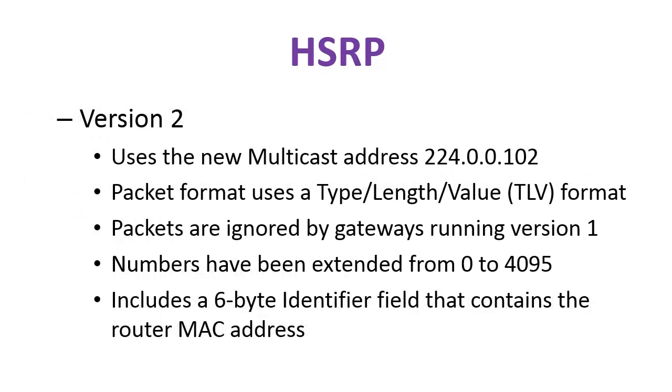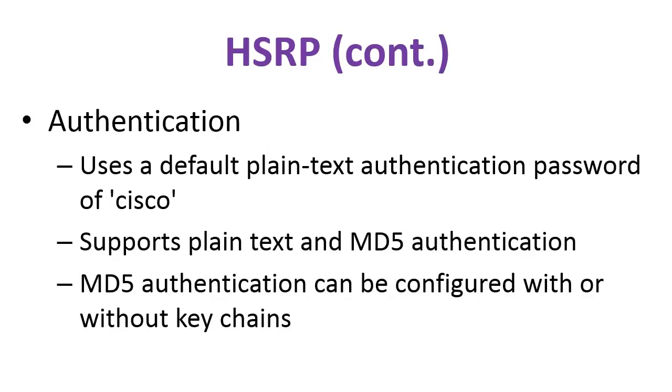It uses a new multicast address, among many other things that you can see here. Finally, HSRP authentication gives you the option of plain text or MD5 authentication. MD5 authentication can be configured with or without keychains.